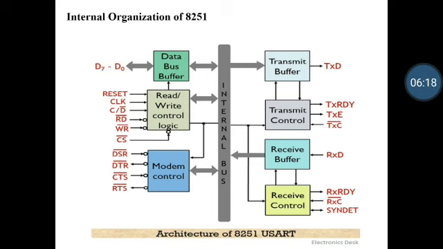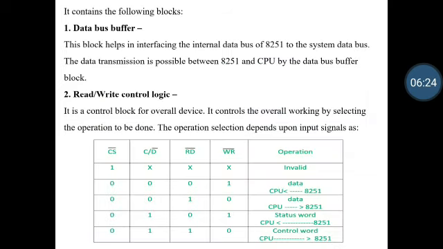So the first block is the data bus buffer. The data bus buffer block helps in interfacing the internal data bus of 8251 to the system data bus, and the data transmission is possible between the 8251 and the processor of your system.